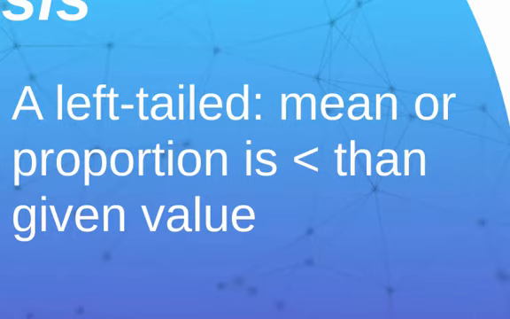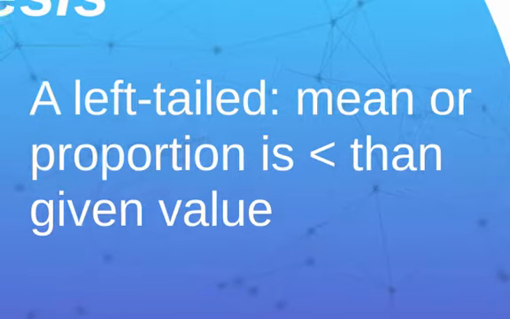We're saying that the true mean or proportion is actually smaller than the value that was given to us. The reality is smaller than the given value.